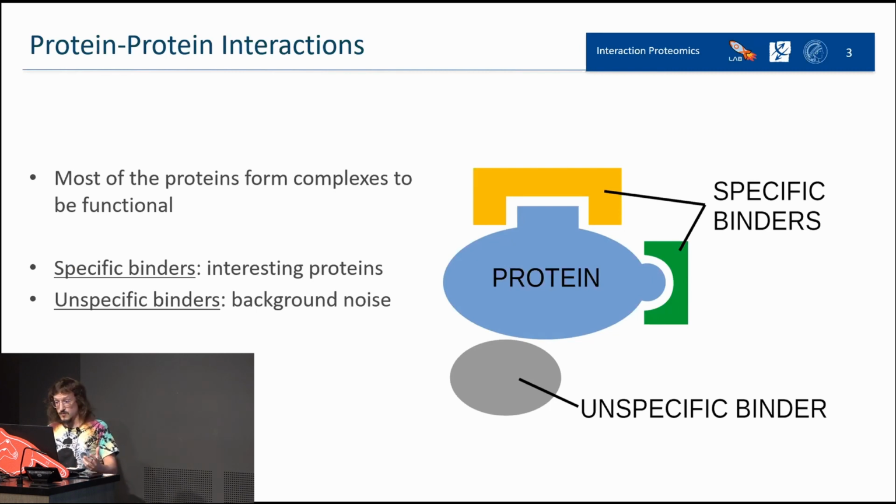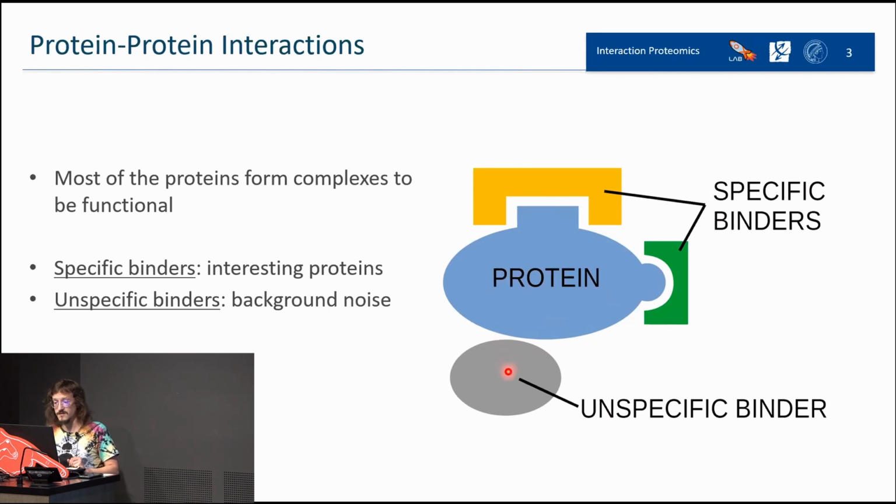When we are interested in analyzing these complexes, the problem that we may have is that proteins in an experiment also tend to cluster together even when they are not supposed to. So we have specific binders, as you can see from this very simple representation, that are proteins that are supposed to be there. They form the complex with that specific protein that we want to study.